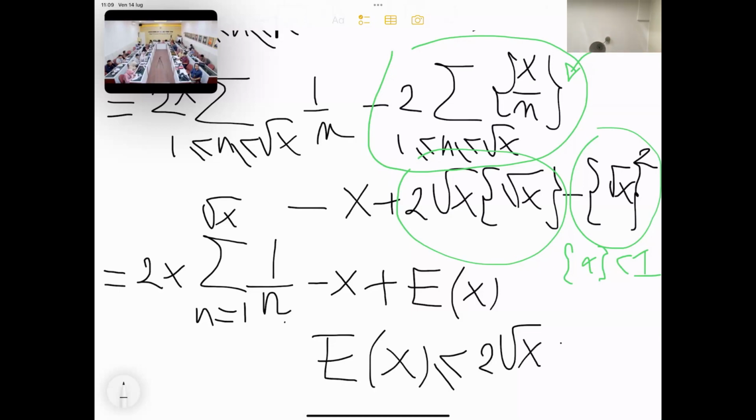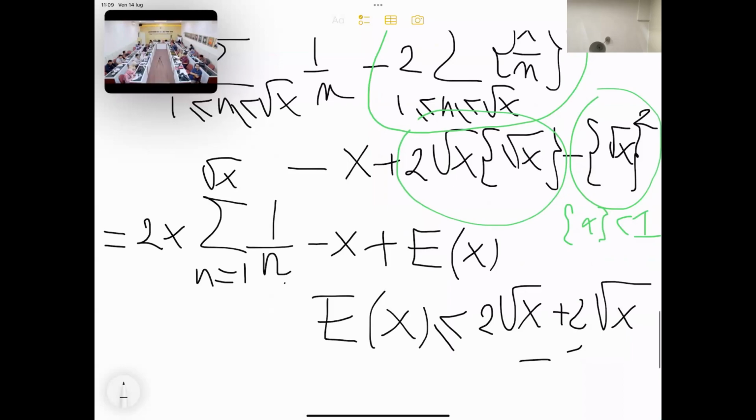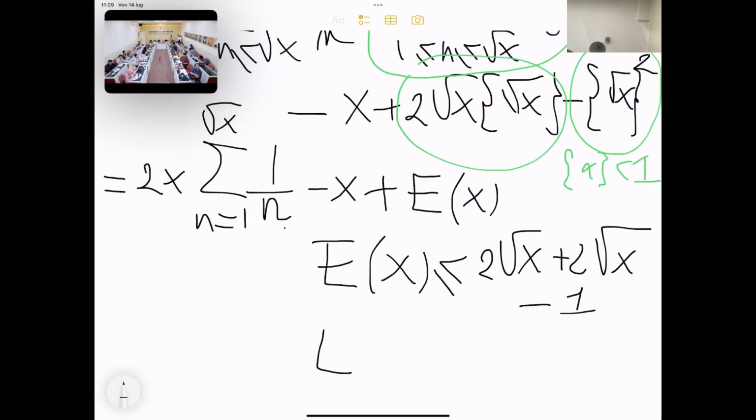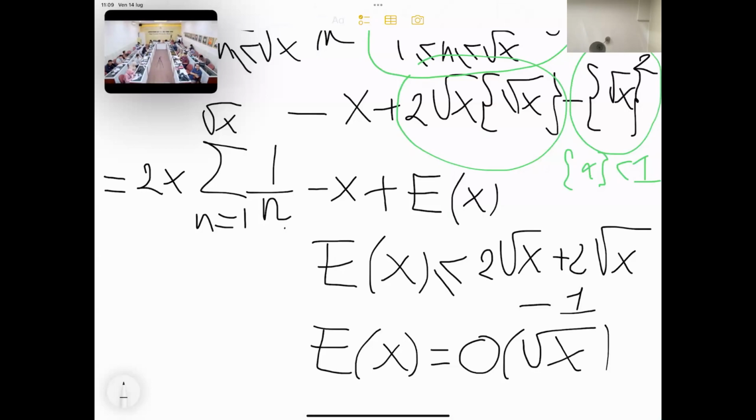Here I have also plus 2 square root of x. And here I have a minus 1. So altogether, E of x is bounded by a constant times square root of x.